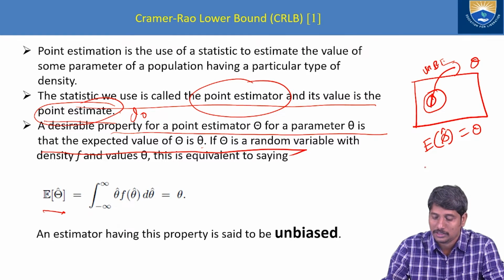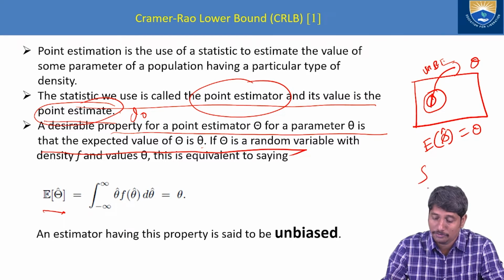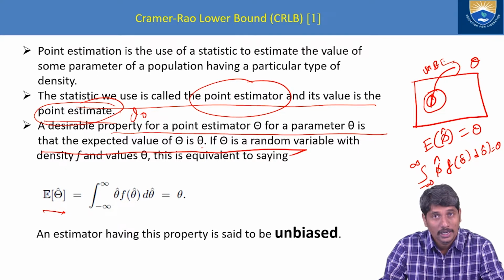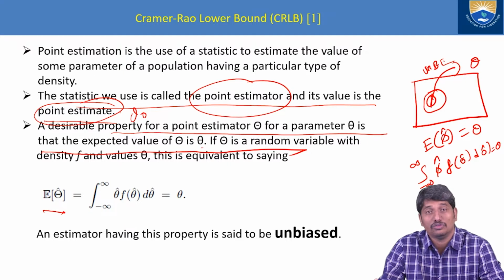Because we are assuming a continuous random variable, it could be the integral of phi cap into f of phi cap d phi cap, which should be equal to theta. That's what is mentioned. That is the meaning of expectation of phi equal to theta. Then phi is called the unbiased estimator of theta. There might be more than one, so we have to say an unbiased estimator.